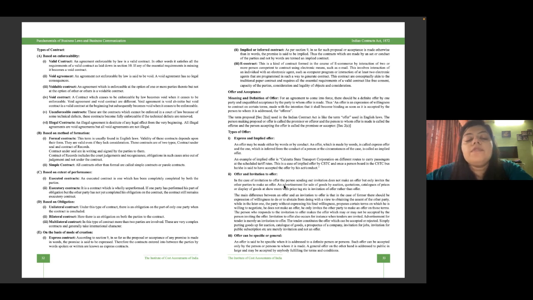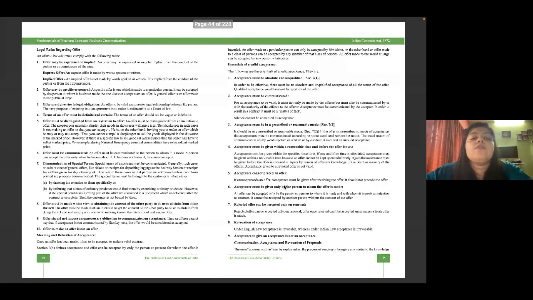Now, offers can be specific, they can also be general. What else they can be is with respect to the rules regarding the offer. So, the rules regarding offer are the following: the offer may be expressed or implied. The offer may be specific or general.